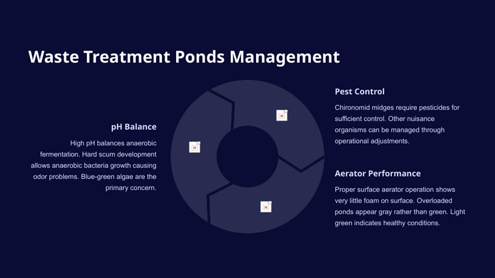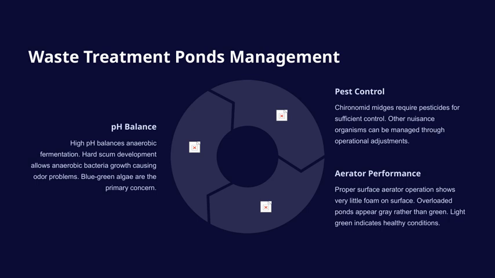These pests require targeted pesticide treatments to keep their populations in check. However, not all nuisance organisms need chemical control. Some can be managed effectively by adjusting operational practices, like aeration or water flow, which can reduce their habitat suitability. Finally, let's look at aerator performance.